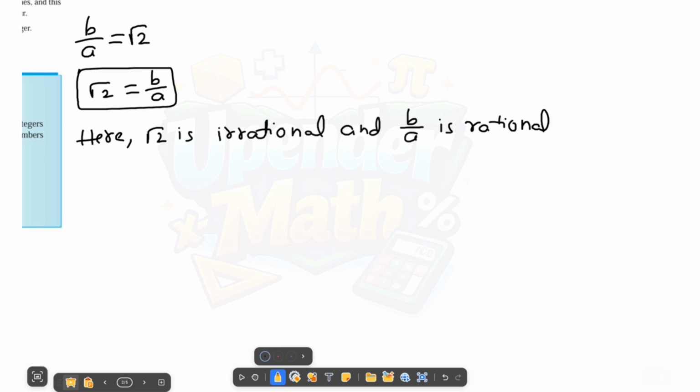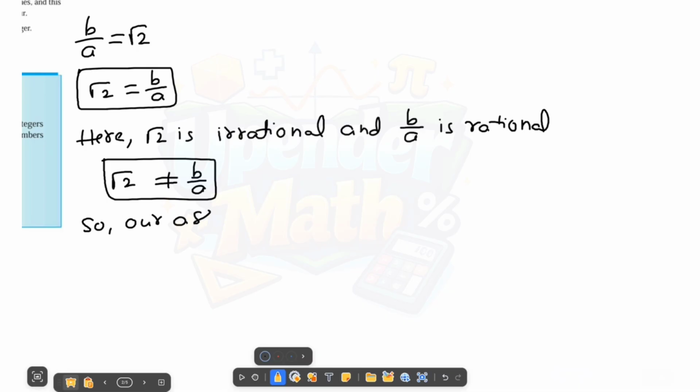An irrational number should not be equal to a rational number, right? Root 2 should not be equal to b by a. So our assumption is wrong. So 1 by root 2 is not a rational number, it is an irrational number.